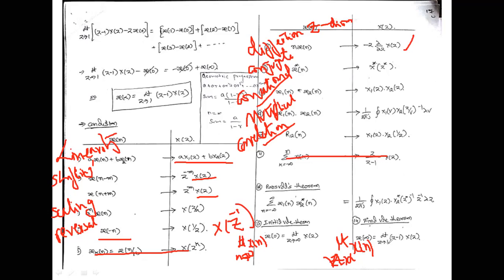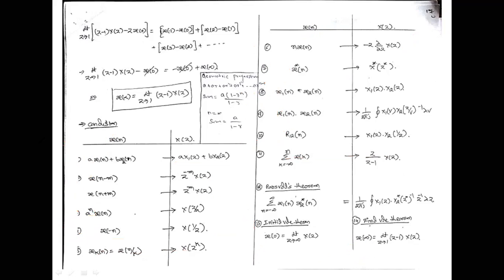Only you have to remember this one: limit z tends to 1, z minus 1 X of z. Because it is not continuous, we are applying it for the discrete. So discrete means from minus infinity to 0, you can take from 1 to infinity, or 0 to infinity, you can take minus 1 to minus infinity. Got it? It's a brief description of the conclusion of all the properties here.